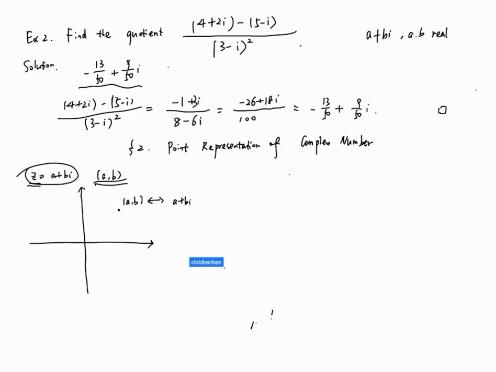If we give an explicit example, for example, this is the point (4, 1), then it stands for the complex number 4 plus i. So in this case, we call the xy plane the complex plane.